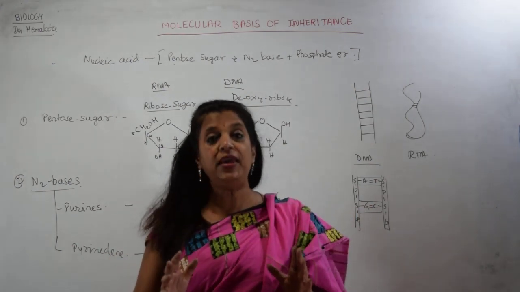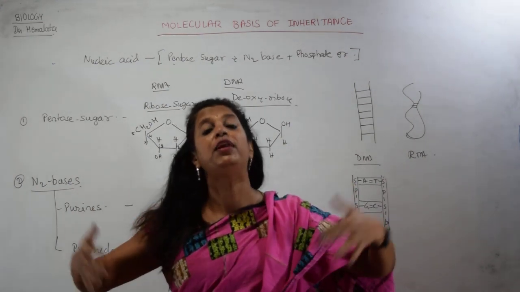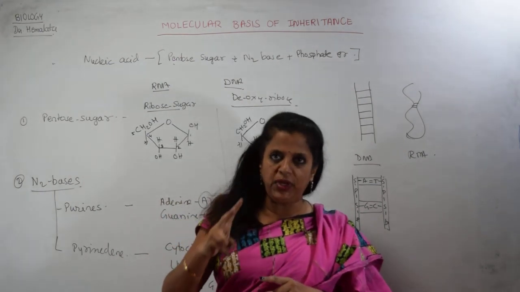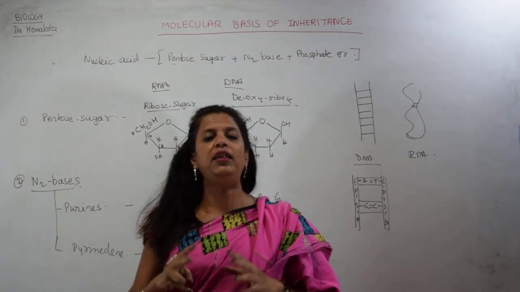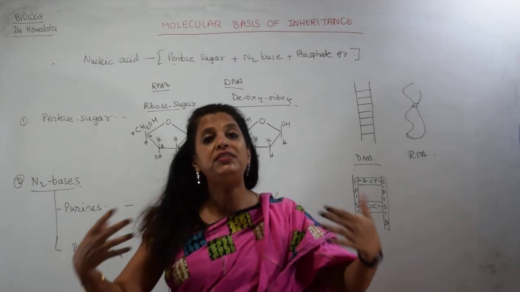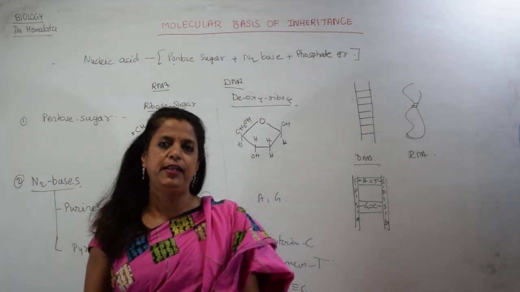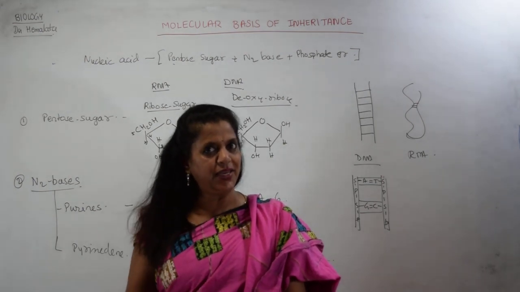In the same way, DNA has the ability of self-replication. One DNA can form two DNAs on its own. Nothing else is involved. DNA will undergo self-doubling. That's an important characteristic feature of DNA. DNA will undergo self-replication or self-duplication.